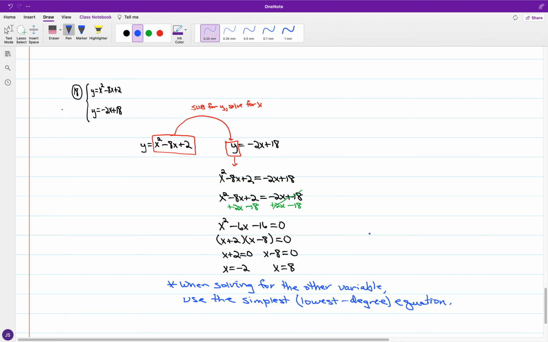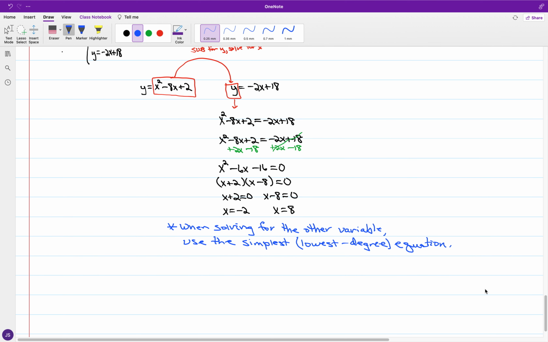So with this system, if you notice, the first equation had x squared, while in the second equation both x and y are first degree, so that would be regarded as the simpler equation. So in this instance, we have that y is equal to negative 2x plus 18.